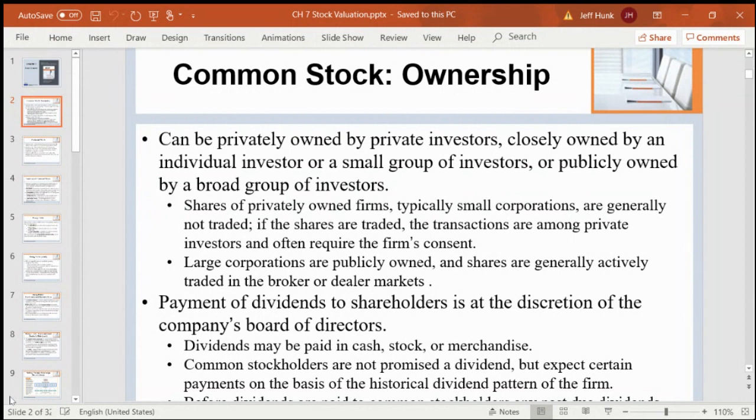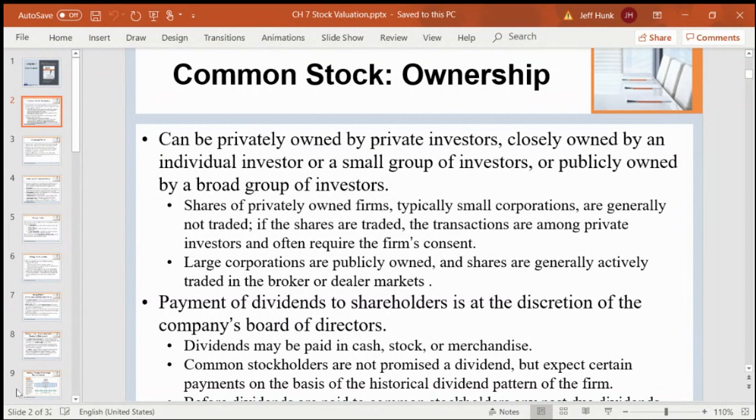Now, the companies that haven't gone public, in other words, privately held companies, as opposed to publicly held or publicly traded, publicly owned companies, right?